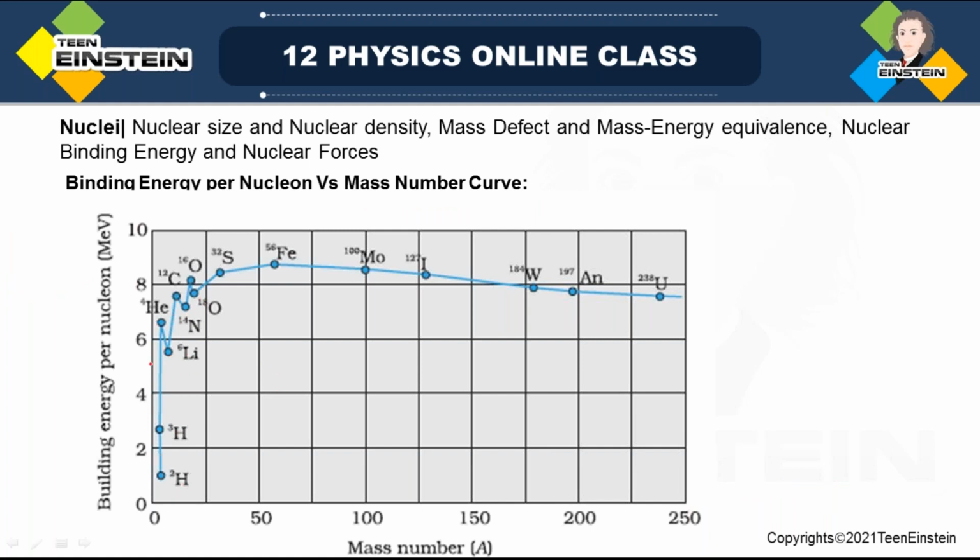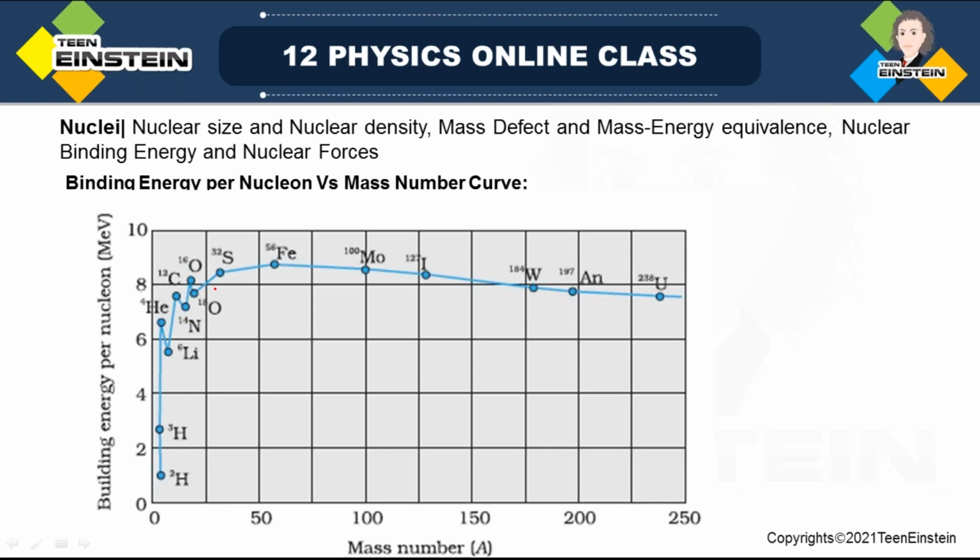So what does this mean? This means that helium, carbon 12 and oxygen 16 are much more stable than lithium, nitrogen and oxygen 18.